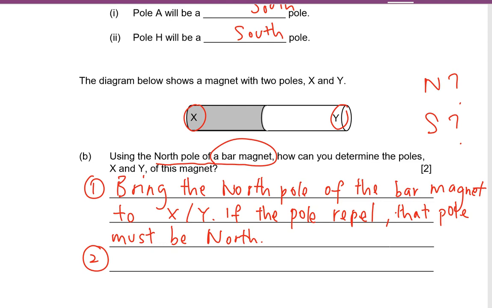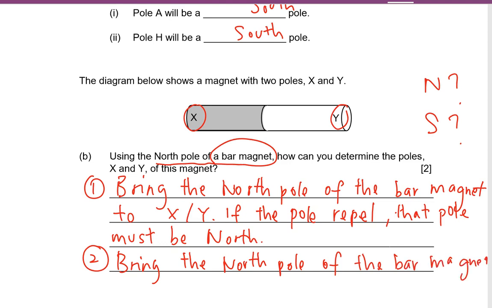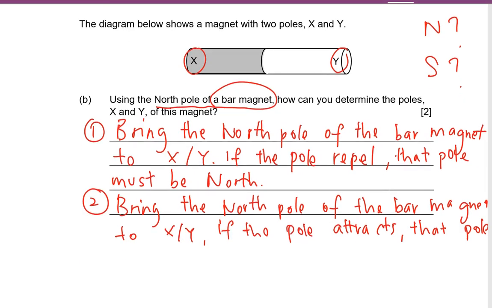Okay, now you can also talk about the opposites. You can say, oh, if I bring the north pole of the bar magnet to X or Y, and if the pole attracts, then you know that pole must be south, right?